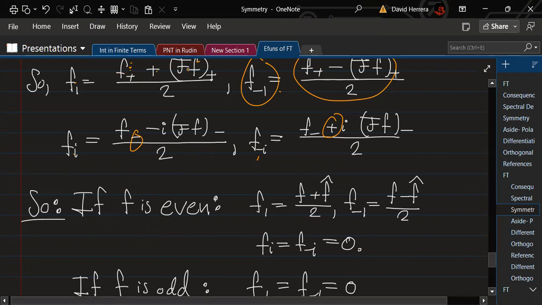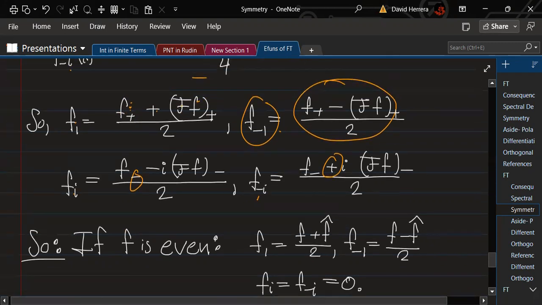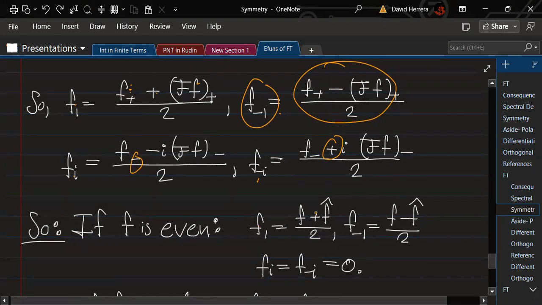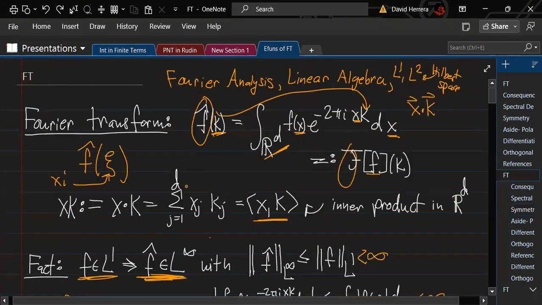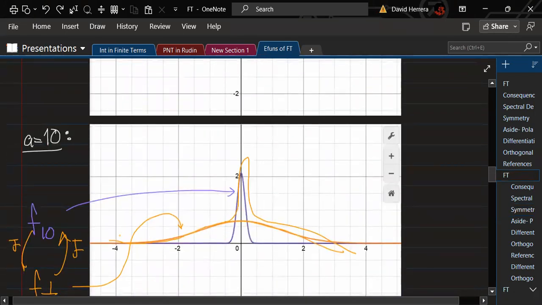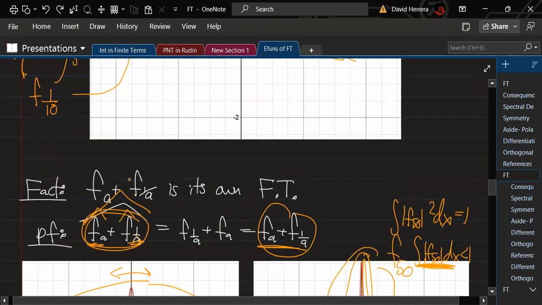The Fourier transform is even, so f plus of the Fourier transform is just the Fourier transform. So f1 is the average of f and its Fourier transform. That's the example that we had earlier in the introduction, that we had functions like these Gaussians, and we were adding them, and we got Fourier transforms.